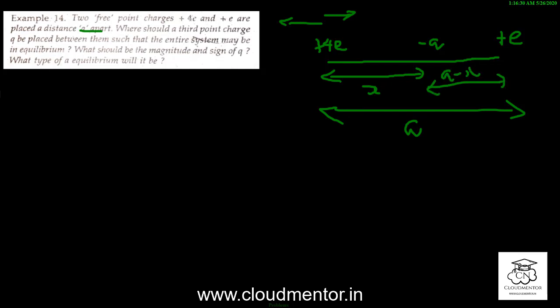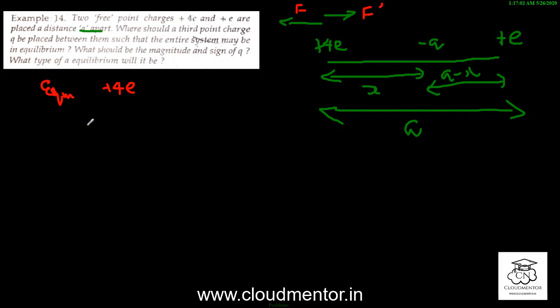and now we have to do the calculations for the equilibrium of plus 4e. The force F, that is the repulsion between plus 4e and plus e, must be equal to the attractive force between plus 4e and minus q, let that attractive force be F dash.